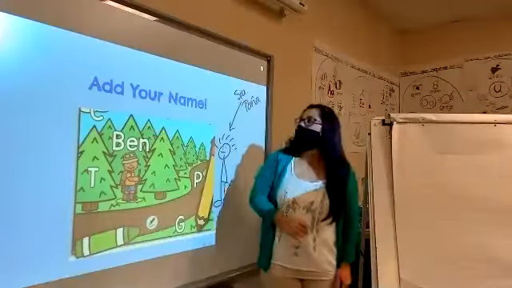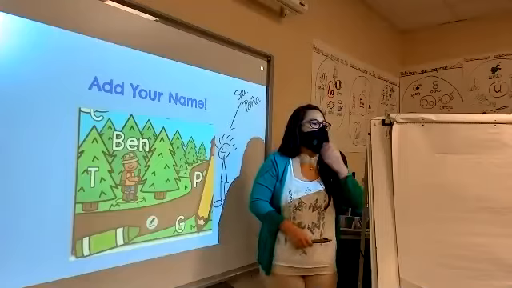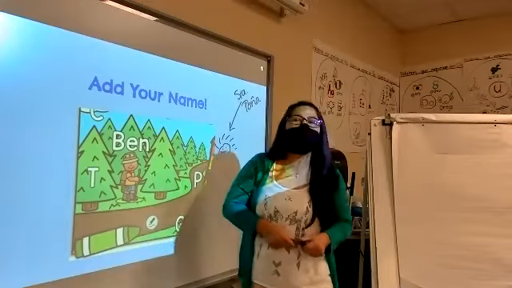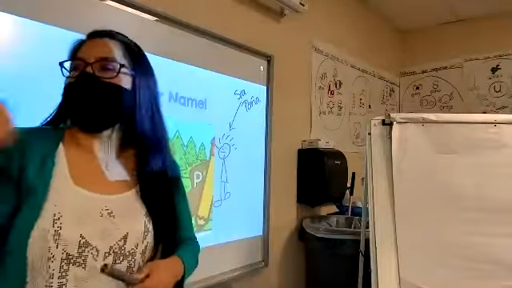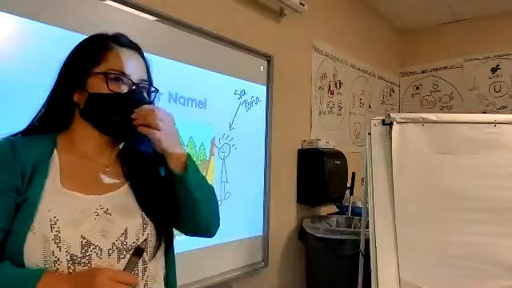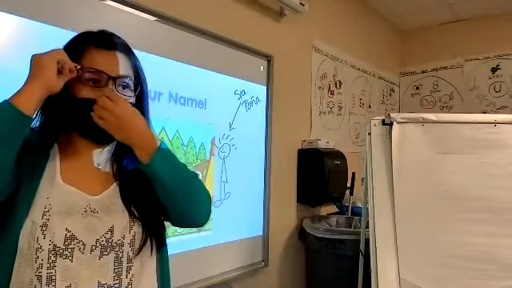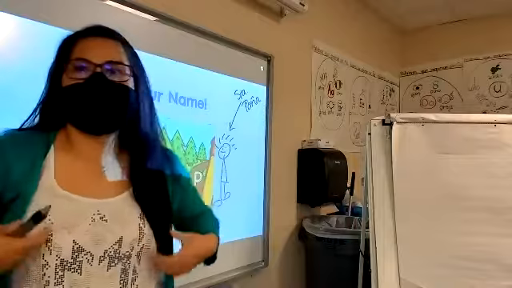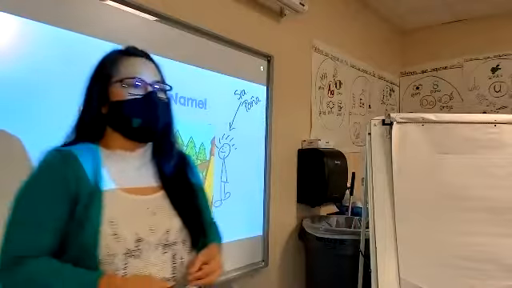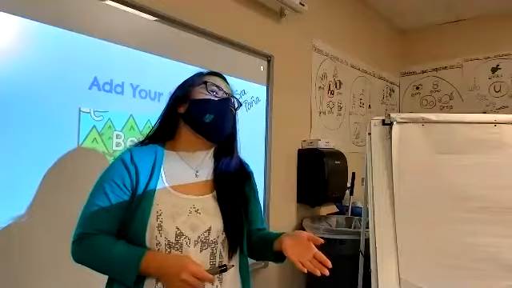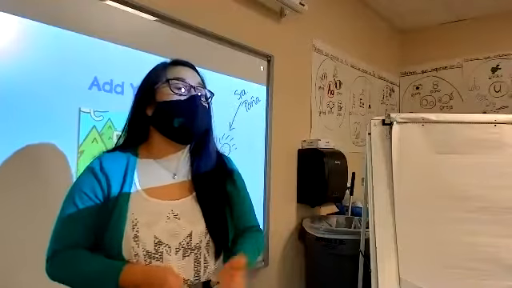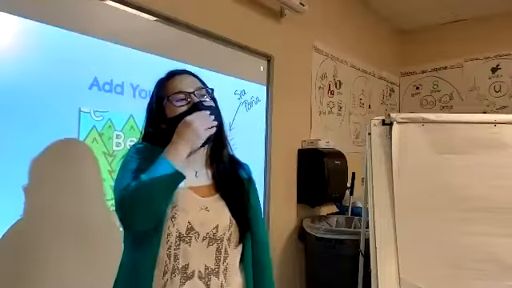Okay, so here we go. I want everybody to take out your writing papers, writing notebooks. At home, take your writing notebooks out, please. And I want you to write a story about yourself or about your family, but you have to be in your story, okay?